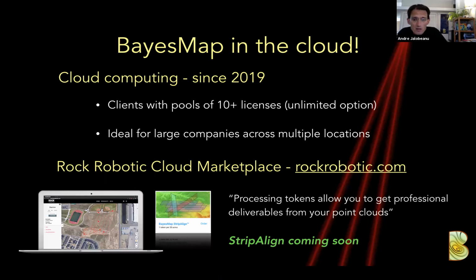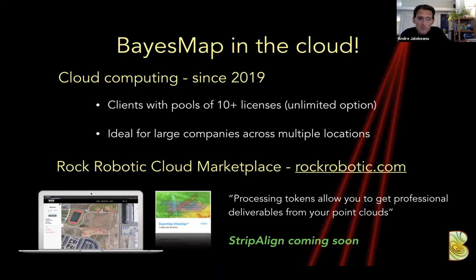And now, coming soon, StripAlign will be available in the Rock Robotics Cloud Marketplace. It's a platform for UAV data where you can do a lot of things. You can run jobs like classification, extraction, and measurement.